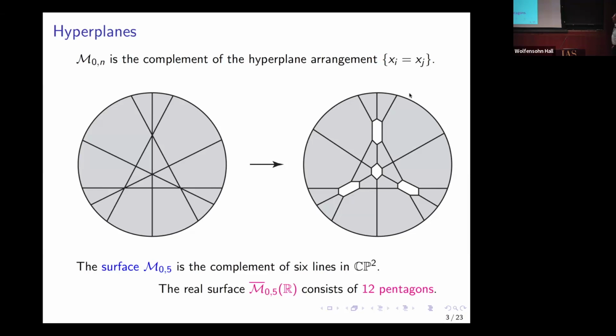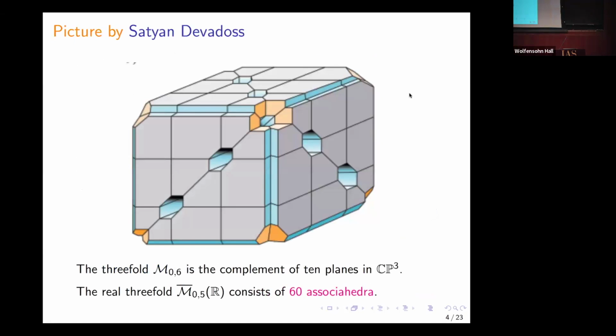So here in the original diagram in the plane, you saw 12 triangles, 1, 2, 3, 4, 5, 6, 7, 8, 9, 10, 11, 12. This is in the projective plane. So these 12 triangles in the blow-up get replaced by 12 pentagons. Now, a pentagon is a 2-dimensional convex polytope, and it's the 2-dimensional associahedron.